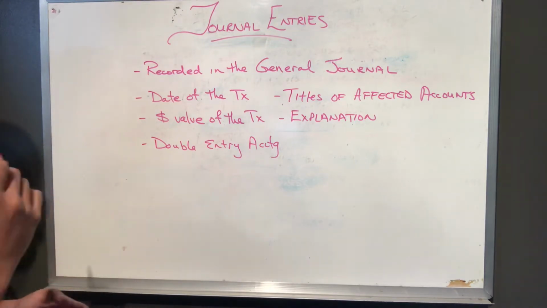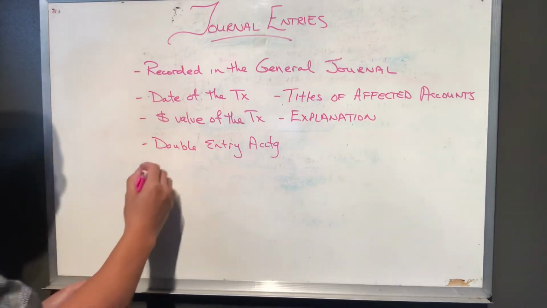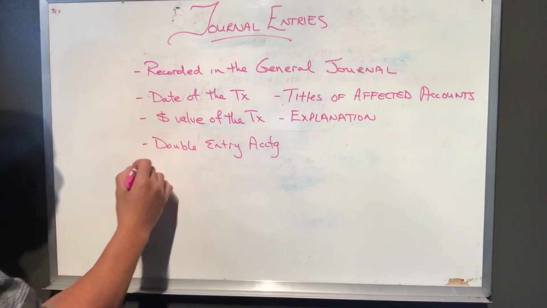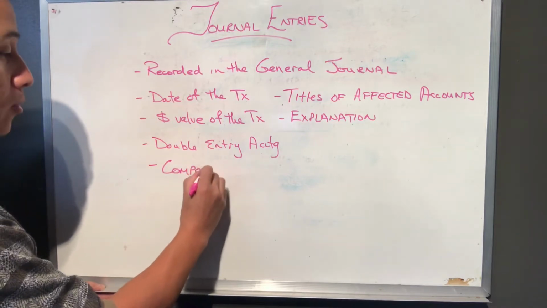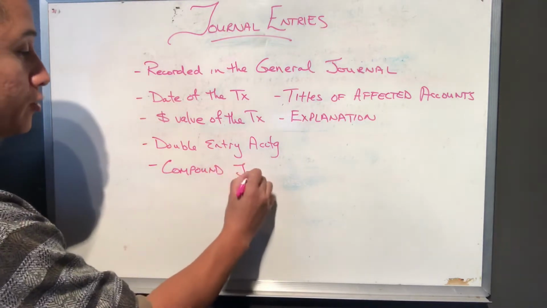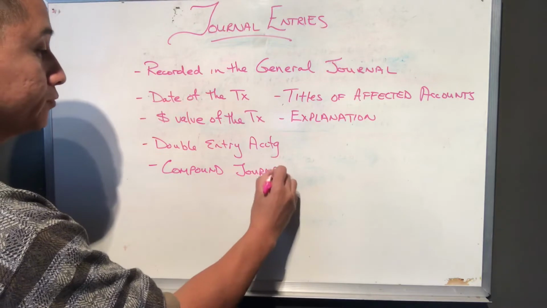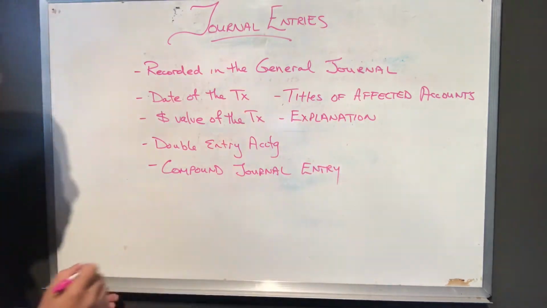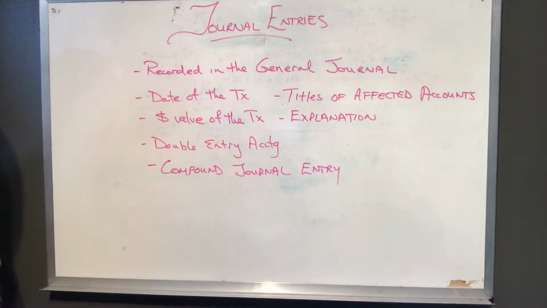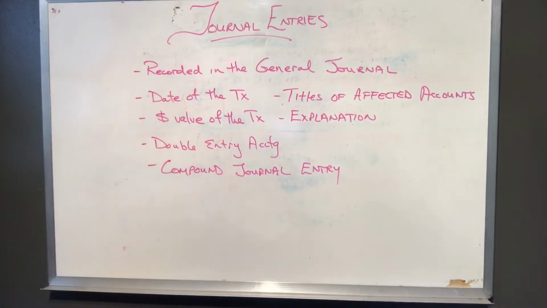Now if we look at a journal entry where it affects three or more, then what we call that is a compound journal entry. Okay, so let's go through some examples.